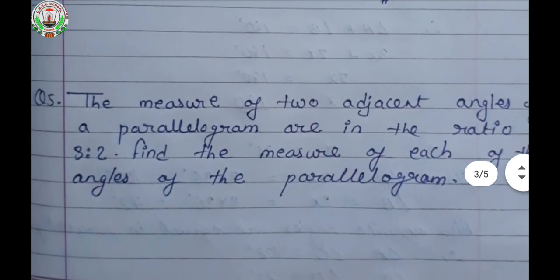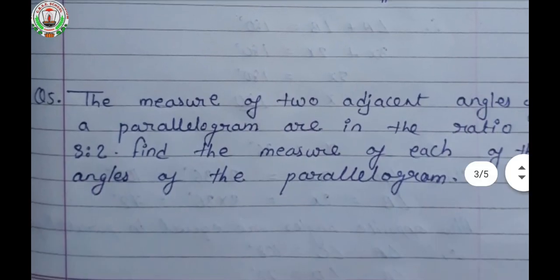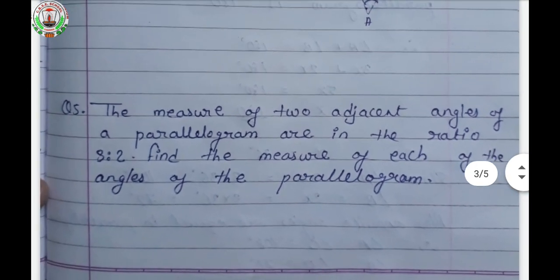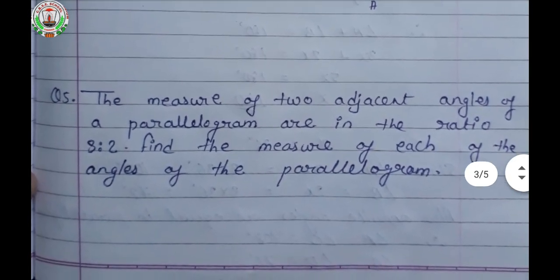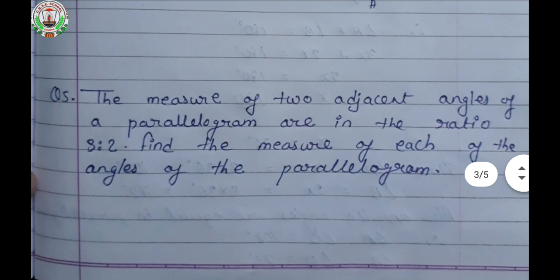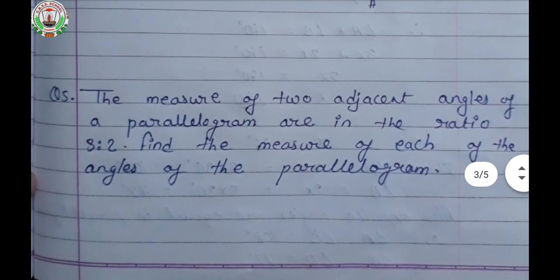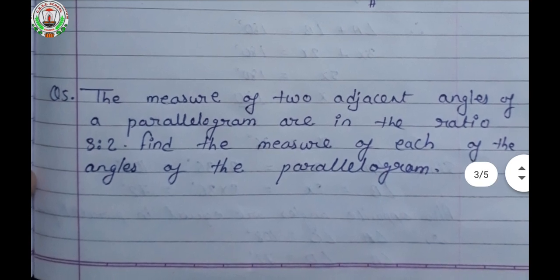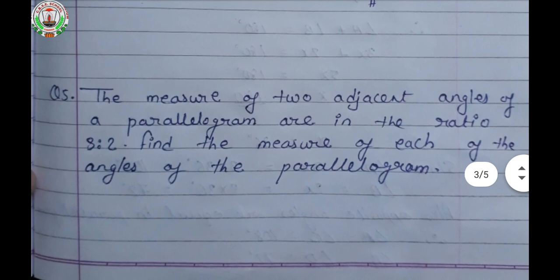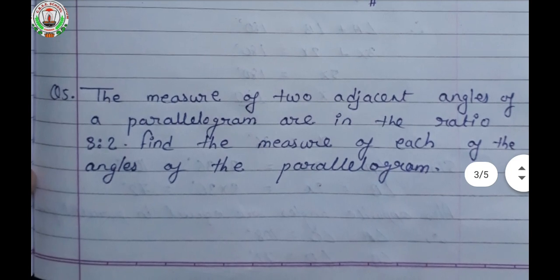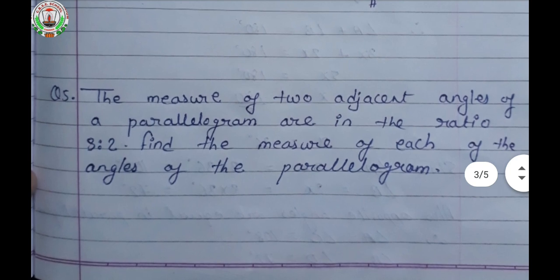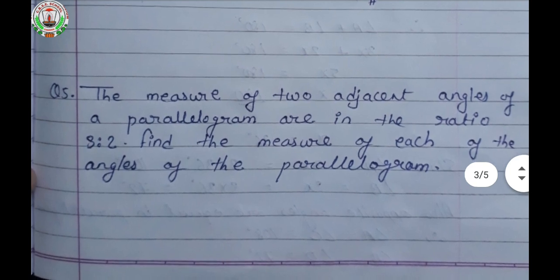What is next? Next question number 5. So here is question number 5. What does question number 5 say? Just look at it. The measures of two adjacent angles of a parallelogram are in the ratio 3:2. Find the measure of each of the angles of the parallelogram.